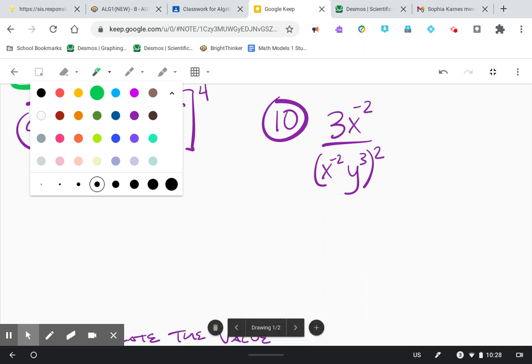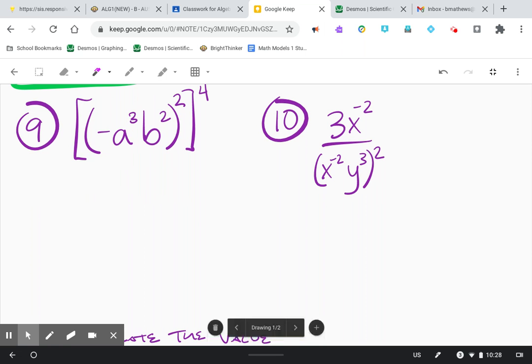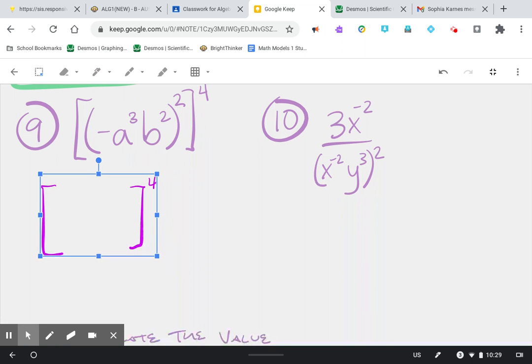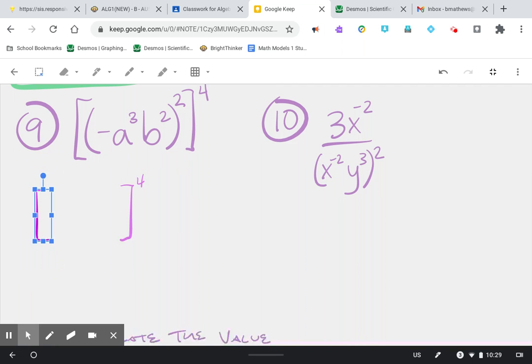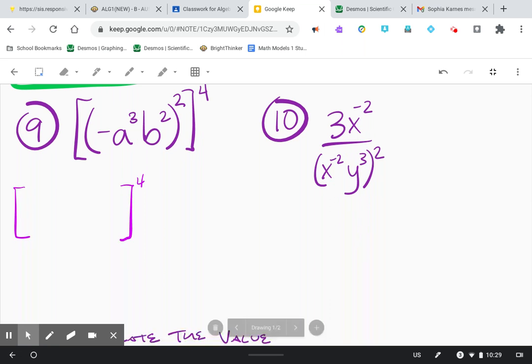Okay, this one can get a bit crazy. We'll work from the inside out. So we're going to leave this out here with the 4 on it. Let's shrink that down a little bit. There we go. So we're inside here. We're going to have negative a to the 3rd, or we're going to make that negative into a negative 1.